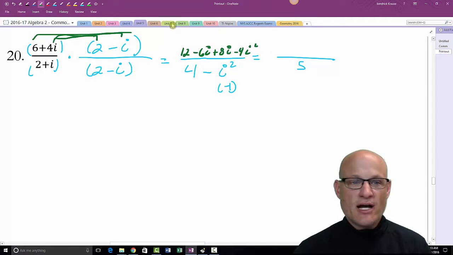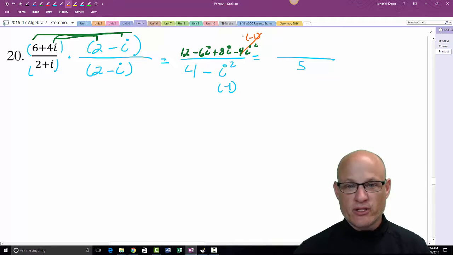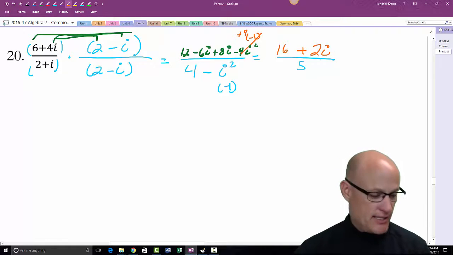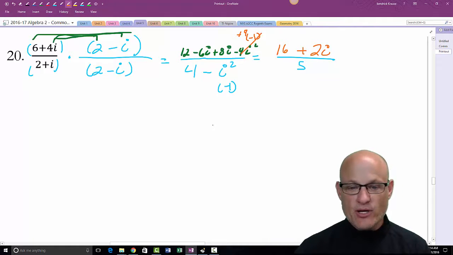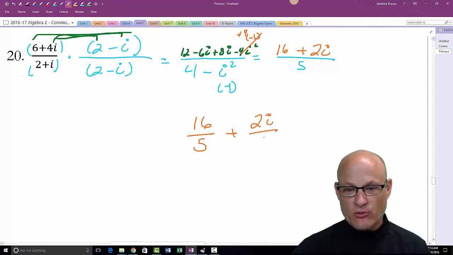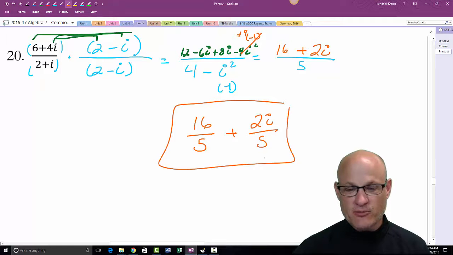All right, so I remember that this is really -1. So -4 times -1 is really +4. 12 and 4 make 16. -6i plus 8i is plus 2i. And if I wanted to write it in a plus bi form, it would be 16 over 5 plus 2i over 5. That's a plus bi form.